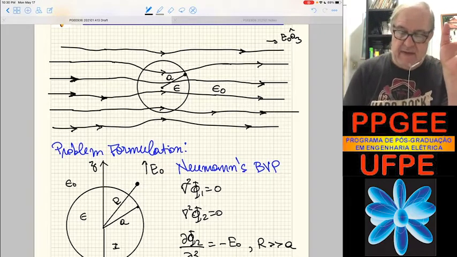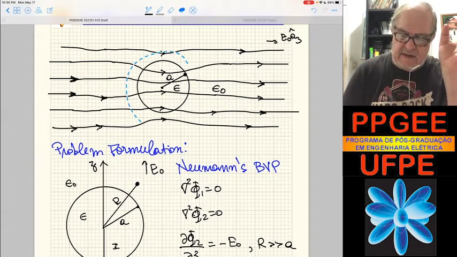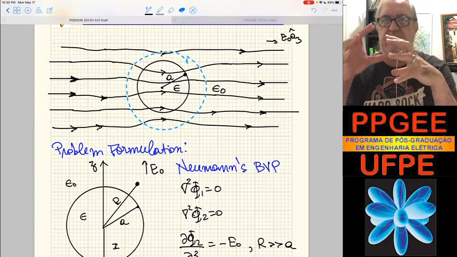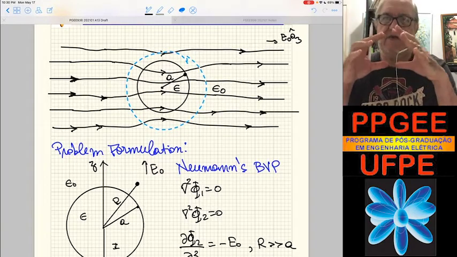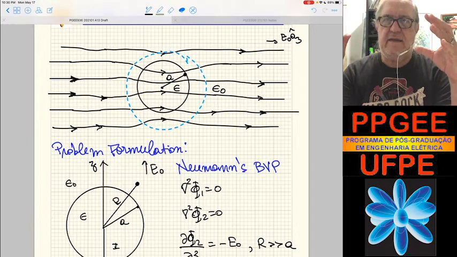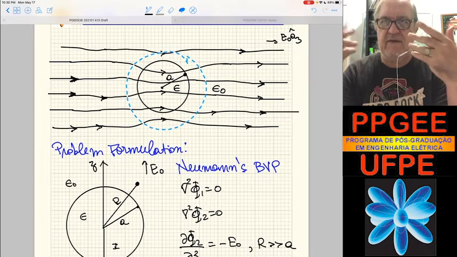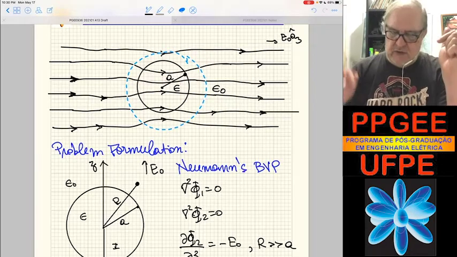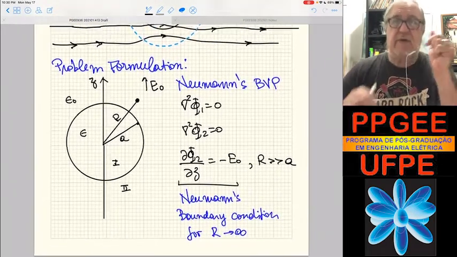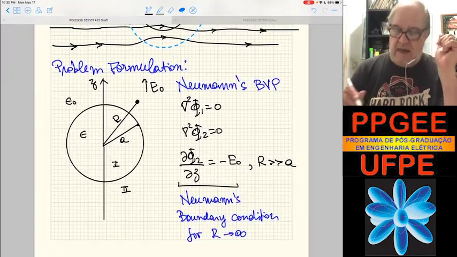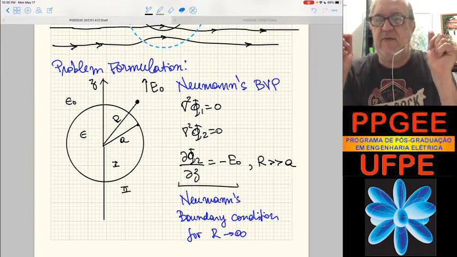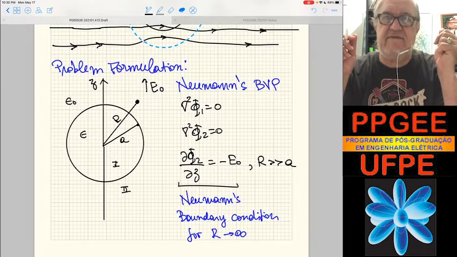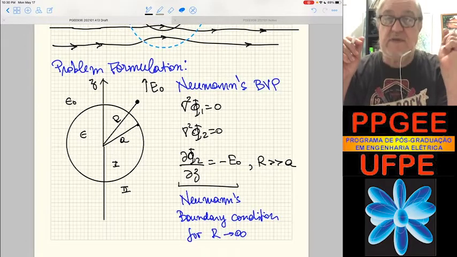So what happens is that the sphere disturbs the field near the sphere, but as we go away, the disturbance becomes small, and you have a constant field. So the boundary condition is that the potential outside goes through a behavior that gives a constant field.